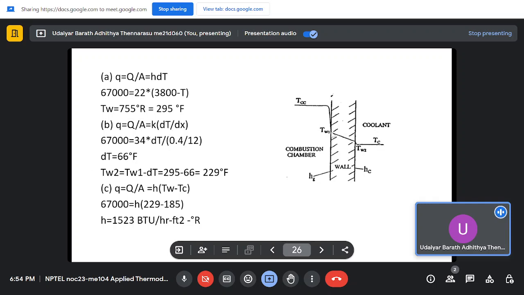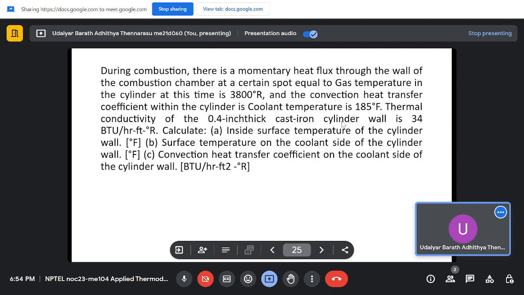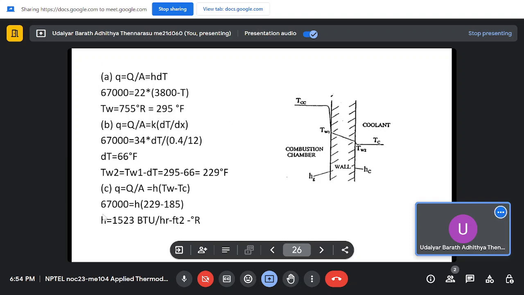Here I have written the higher Tw1 minus Tw2, so I have put a positive sign because I already incorporated that. So 67,000 equals K dT by dx. The thermal conductivity of the cylinder wall is 34 BTU per hour feet degree Rankine, and the thickness is 0.4 inch, which we convert into feet by dividing by 12.